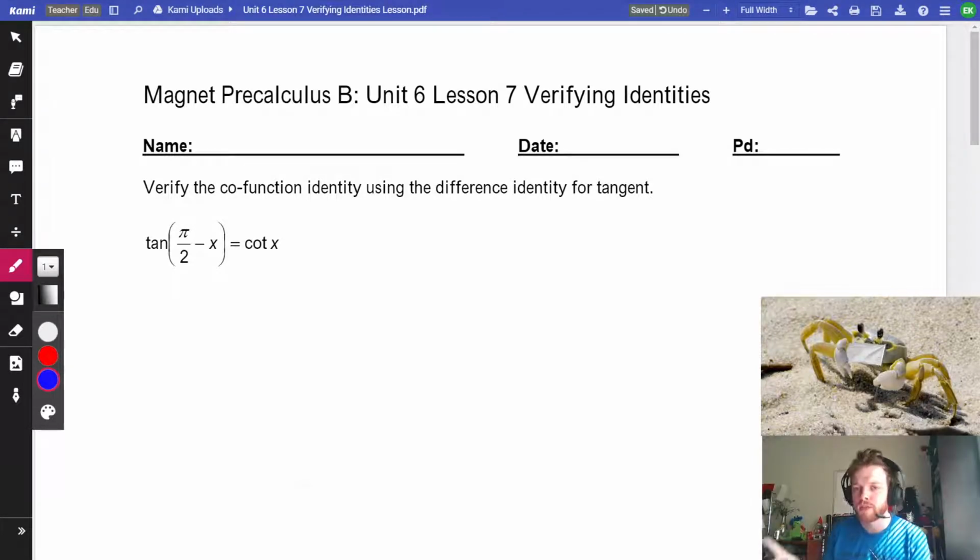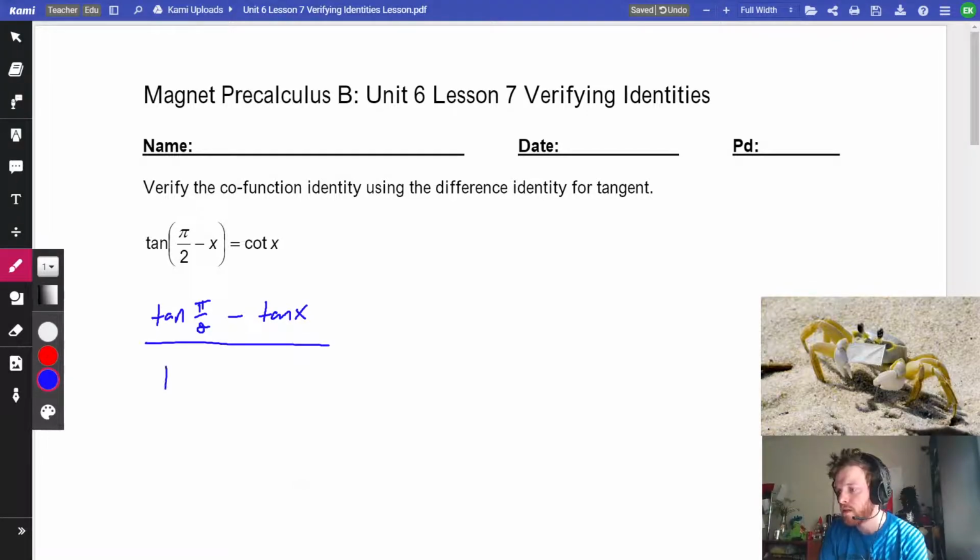All right, so I'm going to use the difference identity for tangent. So tangent of pi over 2 minus x, that's the tangent of the first angle, minus, tangent of the second angle. Oh, and that should be a minus.